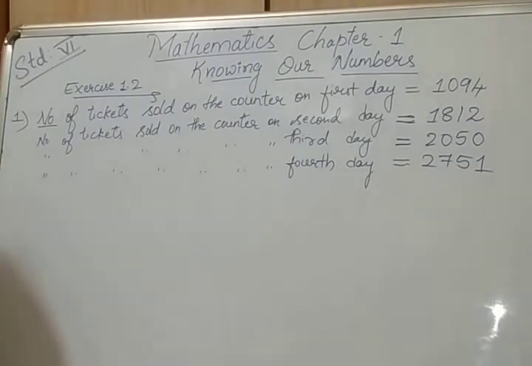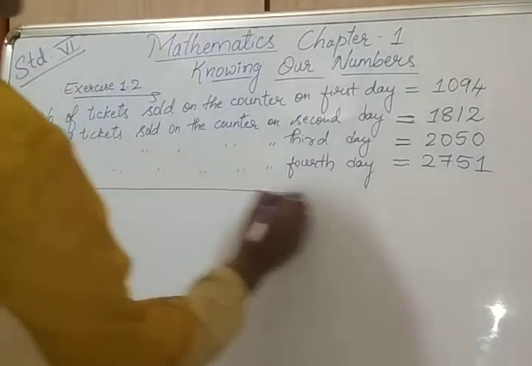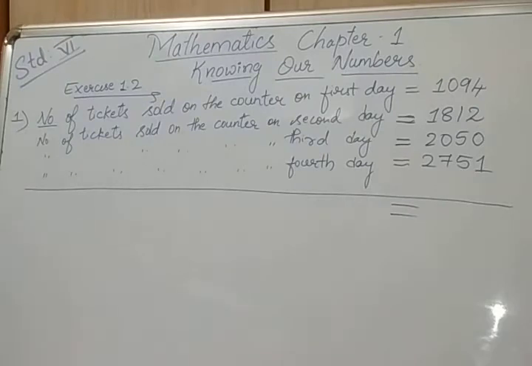2751. But what do we have to find out here? Find the total number of tickets sold on all the 4 days. See here.